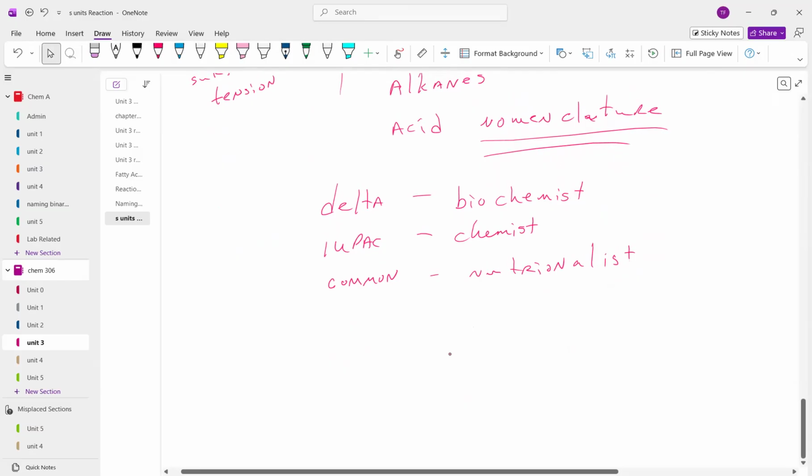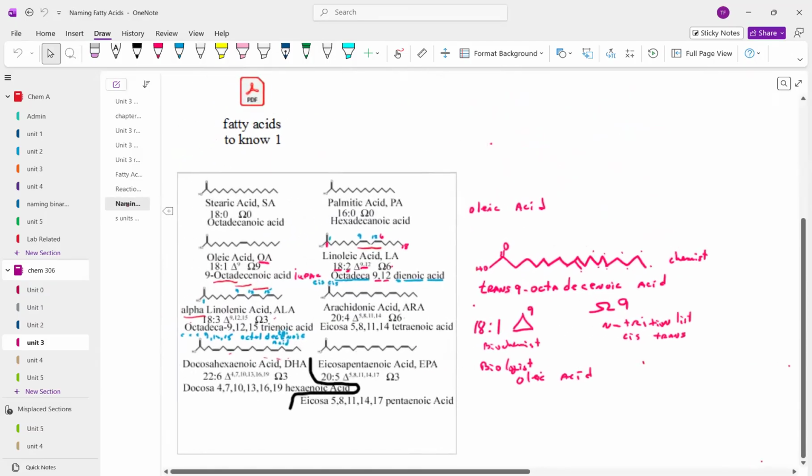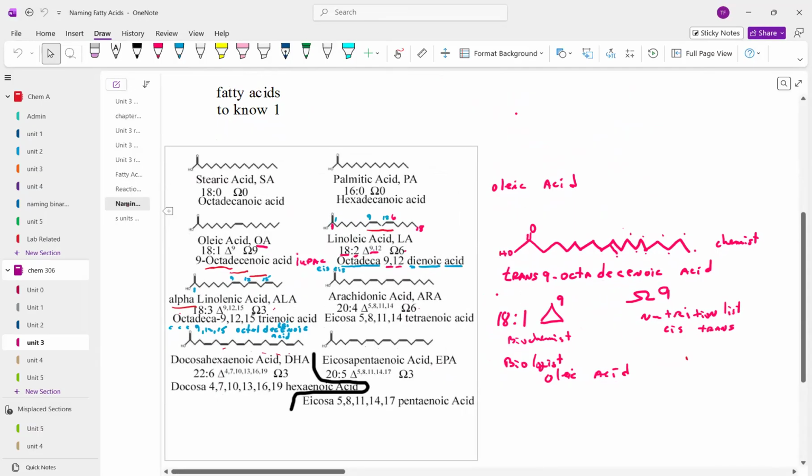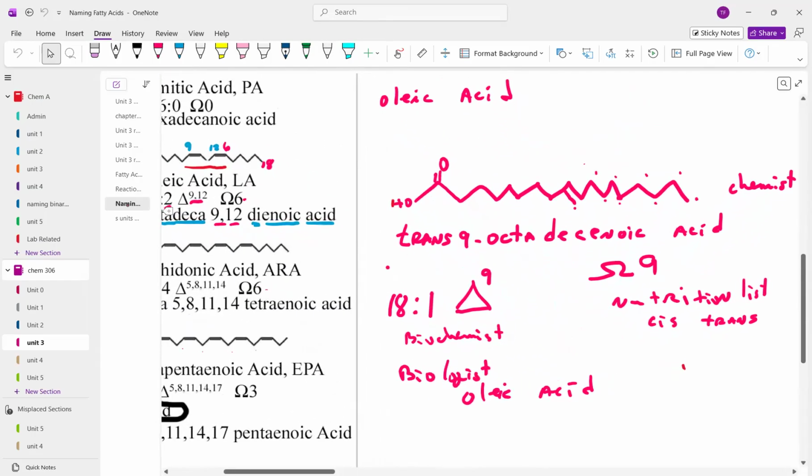So if we look at oleic acid, the IUPAC name is going to be the way I have it drawn here, the trans double bond.